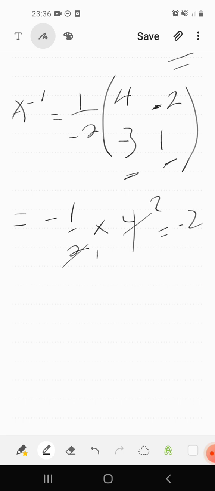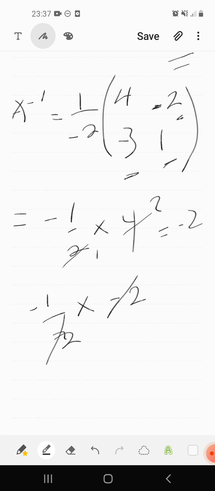Then -1 over 2 times -2. Here we are going to have -1 times negative, so that will give us 1, because negative times negative should give us a positive answer.